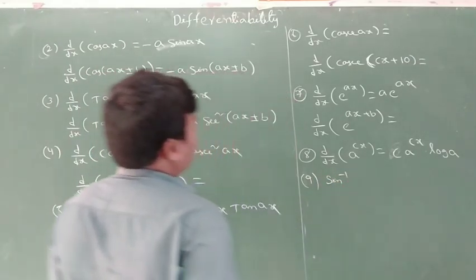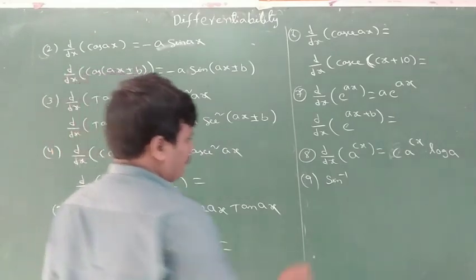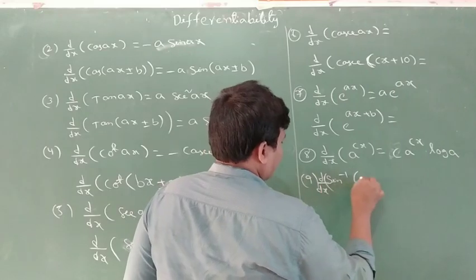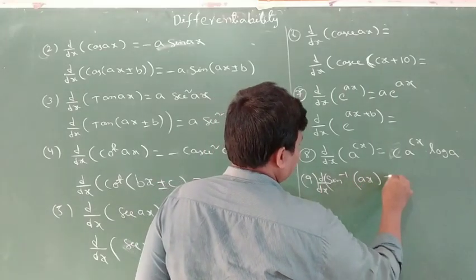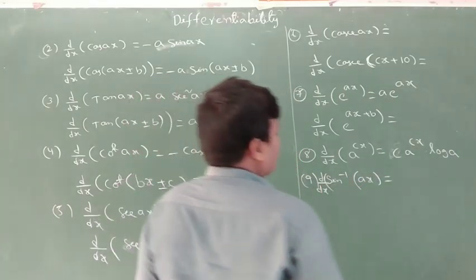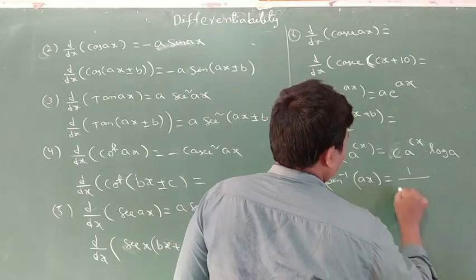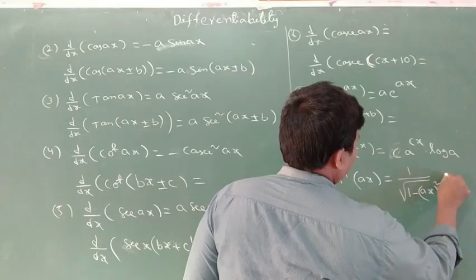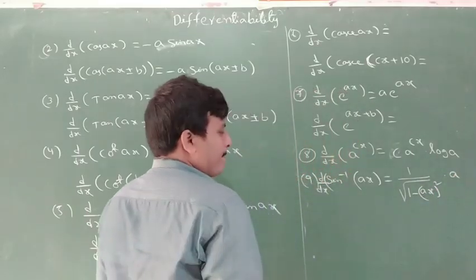Next, sine inverse of ax: the derivative is 1 by root of 1 minus x square, into a.